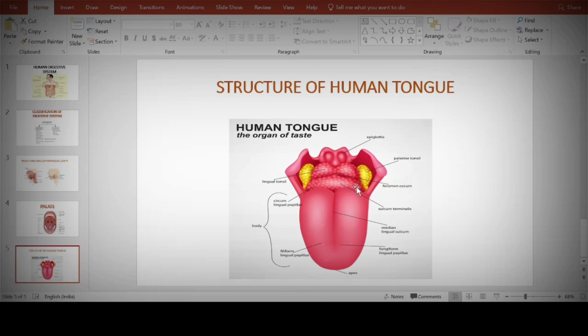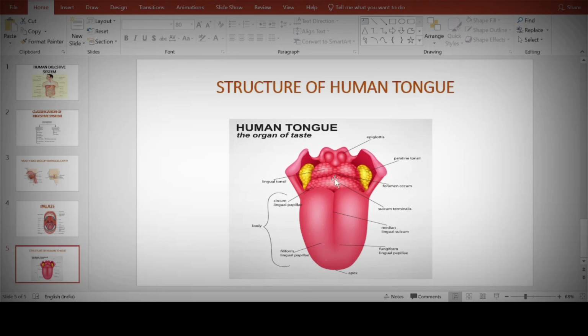This is the sulcus terminalis, and it is found on the dorsal surface of the tongue.